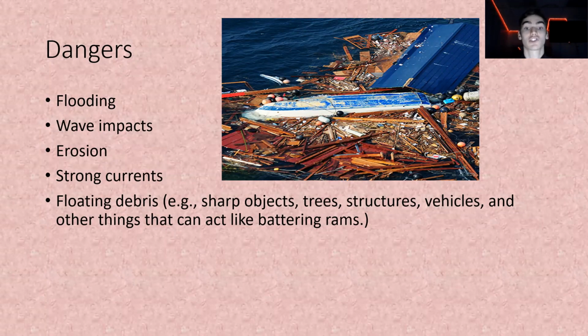They can be crushed by trees. They can be crushed by telephone poles, and they can be impaled by any sharp objects such as glass, knives. Anything in the water that is heavy or sharp is a danger to anybody who's in this water. It is highly, highly recommended to evacuate before tsunamis hit.